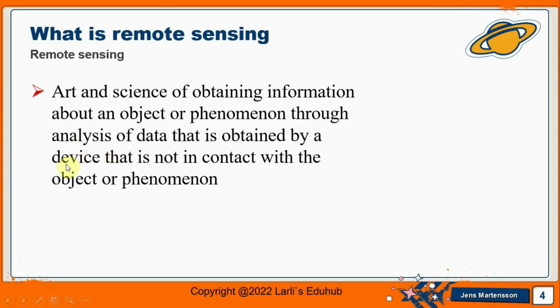This device is what we call the sensor or the remote sensor. You can classify it into two types. You have the satellite remote sensing and the imagery remote sensing or the photograph, that is, the sensor is being carried on a platform like an aircraft, helicopter, or a drone.